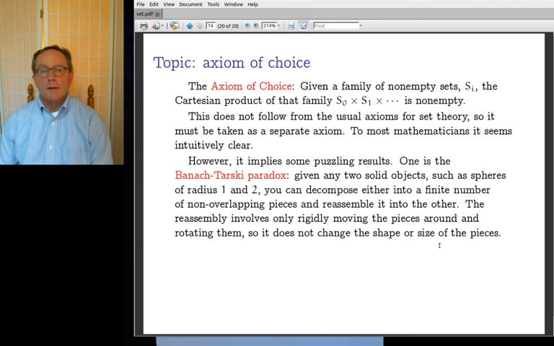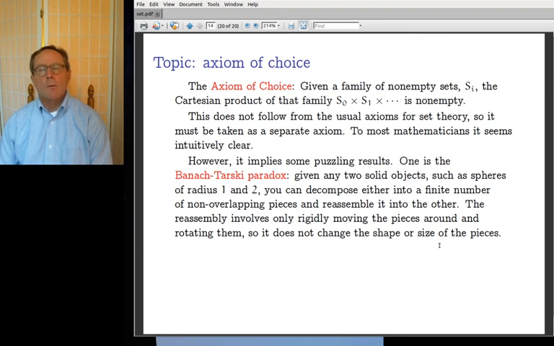And one more point that we'll have occasion to talk about a little bit in 208: the axiom of choice. When you write down the rules for mathematics, it turns out that one of the rules is a little bit controversial, and that's the axiom of choice. Given a collection of non-empty sets, is the Cartesian product of that collection non-empty?